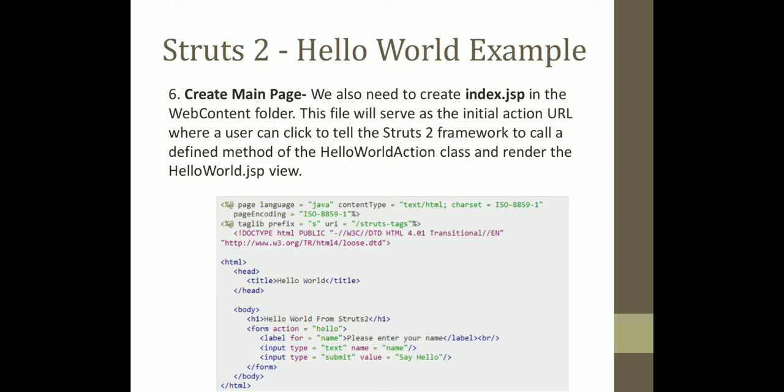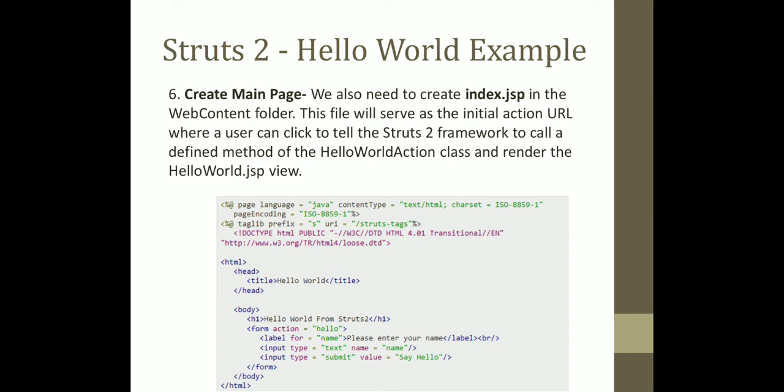We have included the doctype HTML public, and as it is a resource from W3C, that link we have included. Okay, then the HTML script with the title Hello World, and in the body part we have defined just Hello World from Struts2. There we have defined the form, okay, with action hello.